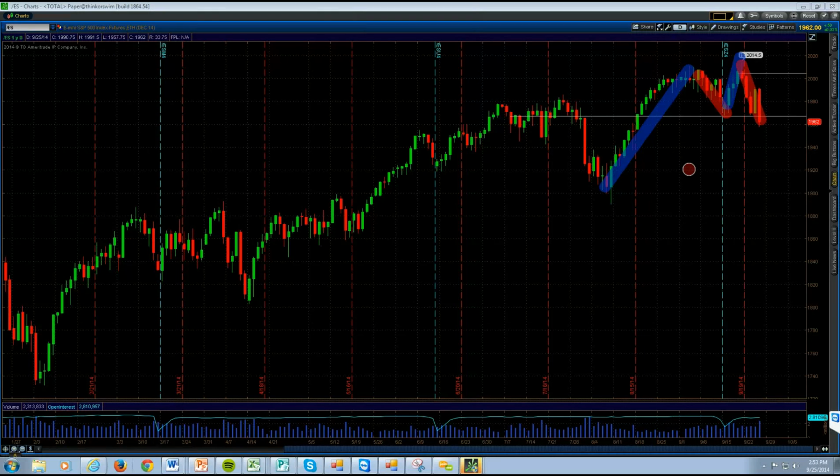So where is a good spot? You'll see how these candles here just broke out, and they've started to head lower.